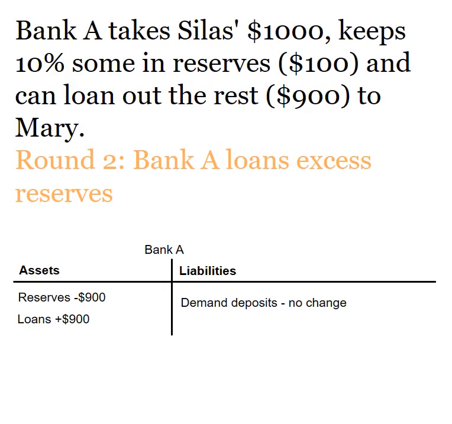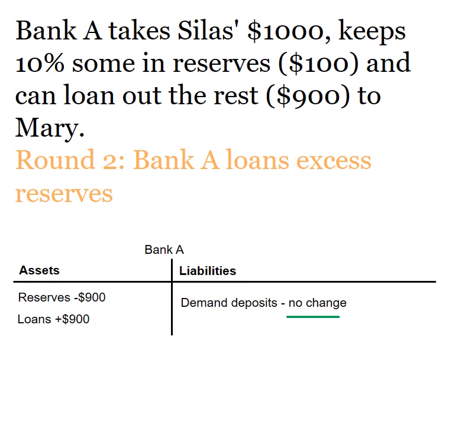In round two, Bank A is going to use the excess reserves from Silas's deposit in order to create a loan. So Silas deposited $1,000. So in our T account, the demand deposits have not changed. His $1,000 is still there. So that variable is the same.